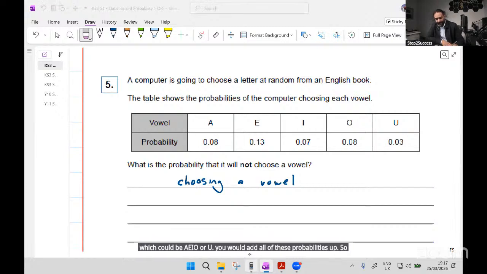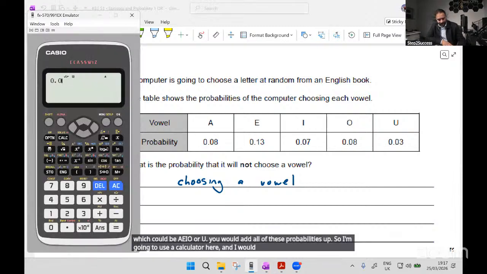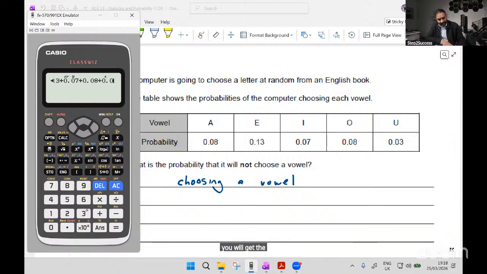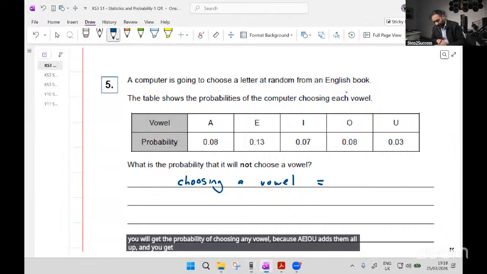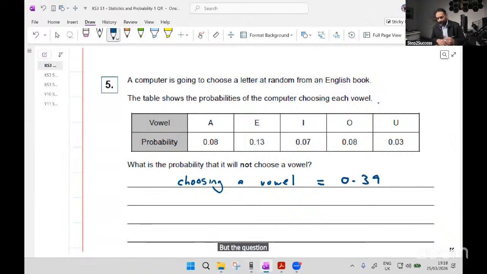I'm going to use a calculator here, and I would say that it's okay in this case. If you add all of those up, you will get the probability of choosing any vowel, because A, E, I, O, U adds them all up, and you get 0.39. But the question is not about choosing a vowel, it's about not choosing a vowel.